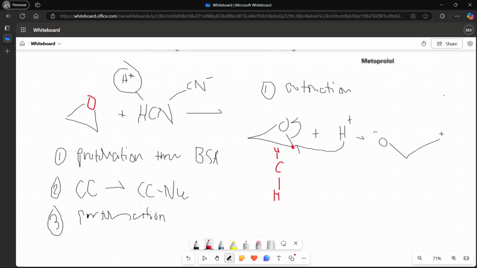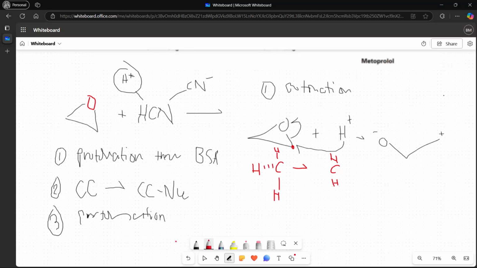So this carbon essentially becomes CH2, because it cannot accept another H over here because it's going to be bulky, so it's going to transfer. And once it transfers, it's going to open up, resulting in this intermediate over here.